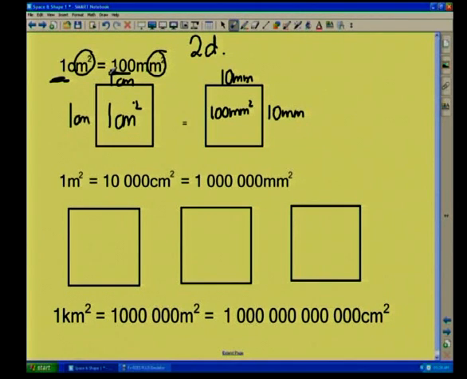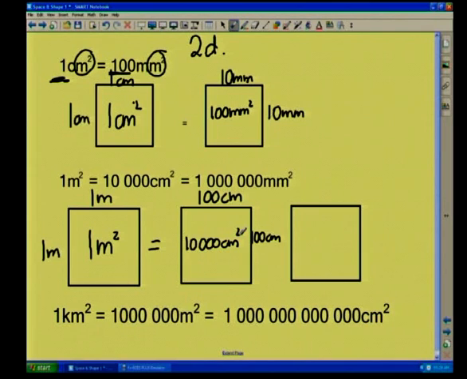Right, similarly, 1 meter squared, which I would have calculated by saying 1 meter times by 1 meter. And I could obviously use the same diagrams, and 1 meter is equal to 100 centimeters by 100 centimeters, and 100 times 100 is 10,000 centimeters squared.